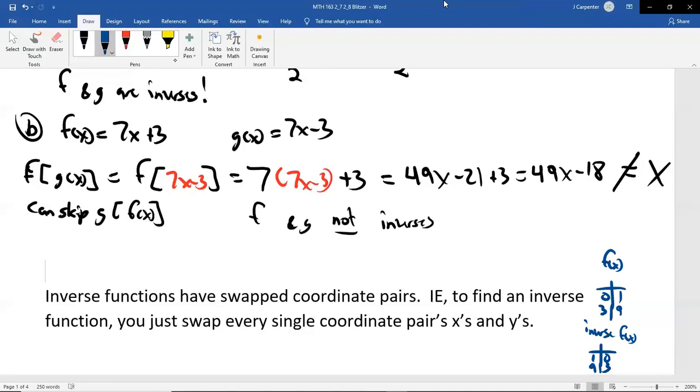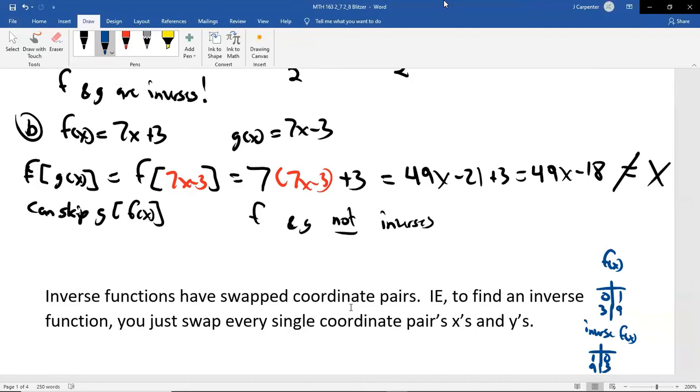Inverse functions have swapped coordinate pairs. You're just changing out all x's and y's. Now, if I just give you a graph and you say, all right, well, I want to find its inverse, it doesn't always have an inverse. Just like all graphs aren't always functions, because they could fail the vertical line test. Well, all graphs don't always have an inverse function because when you invert it, that thing could fail the vertical line test.